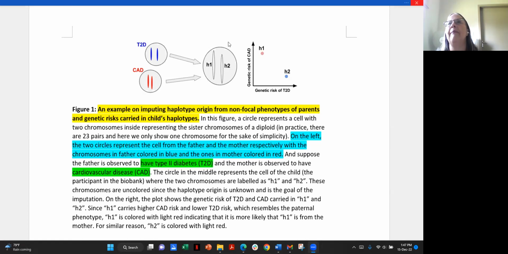Sometimes something is abbreviated but never abbreviated in the manuscript. Like here, they've abbreviated CAD, cardiovascular disease. That's not a very common abbreviation, and it's quite easy to write out cardiovascular disease in a paper. So it's very important that you define all your abbreviations so the readers can understand. I don't know if you've got anything to add to that, Faisal?